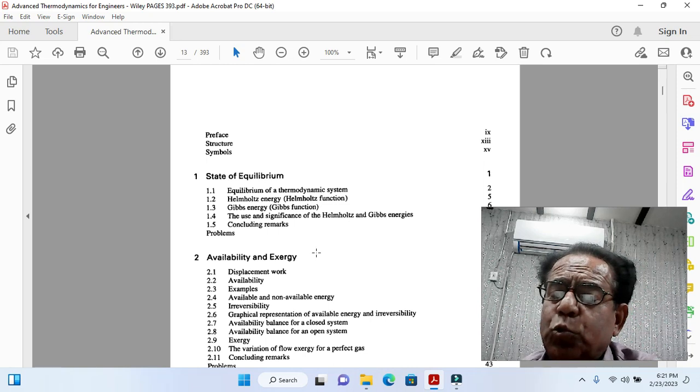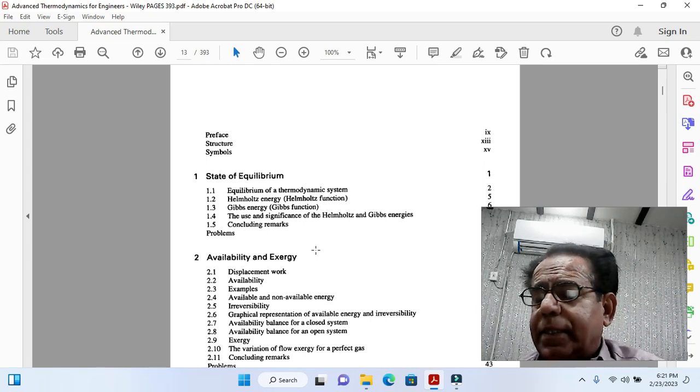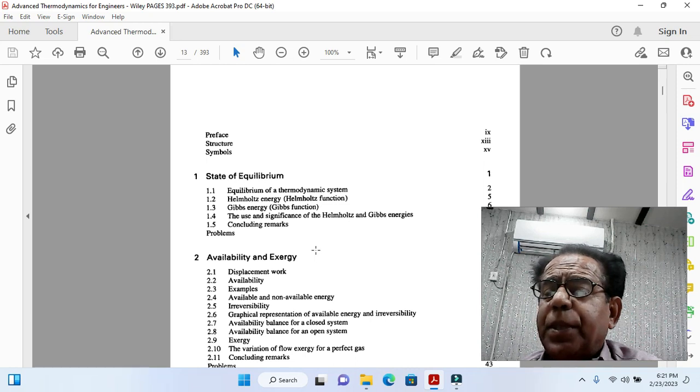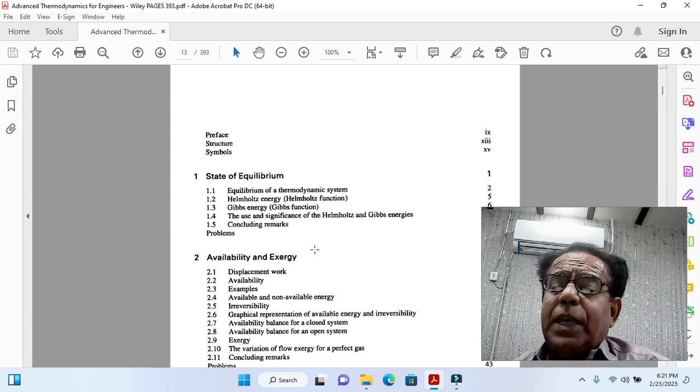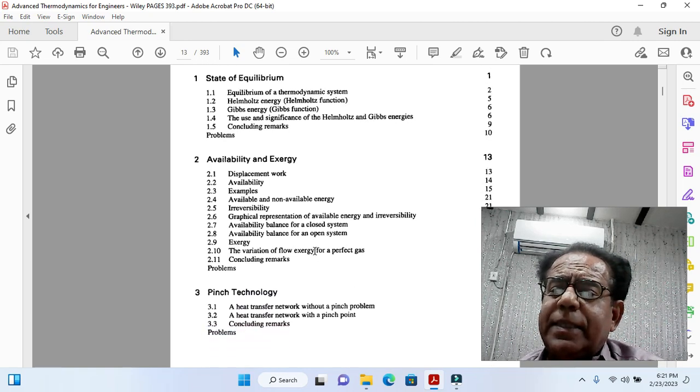When we come to this topic, we will come to know why this unusual word. We have seen the word energy many times, but the word exergy is appearing for the first time.